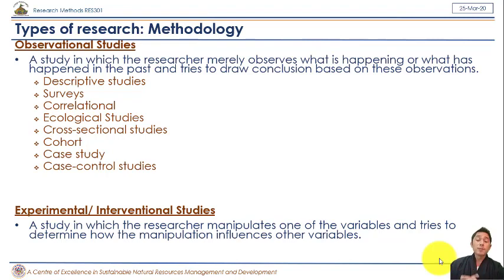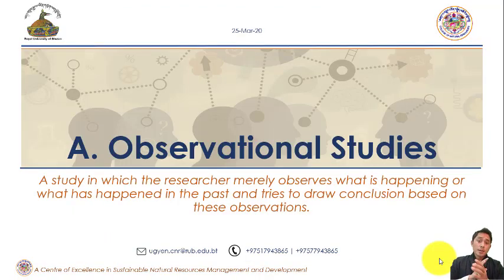There are lots of other studies again, but for our ease and just for this research methods class's sake, we'll be studying only these observational studies. And under the experimental or interventional, we will mainly be focusing on randomized control trials.